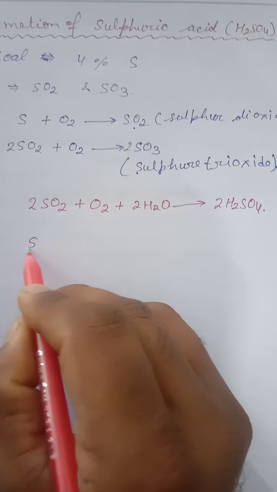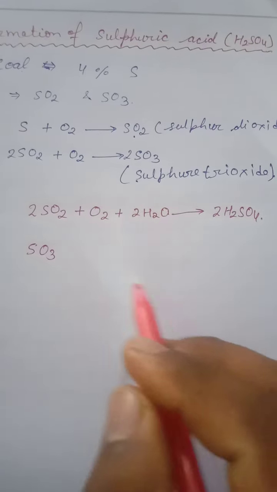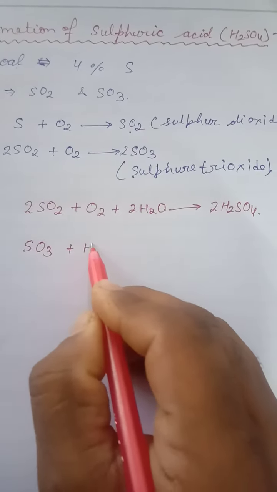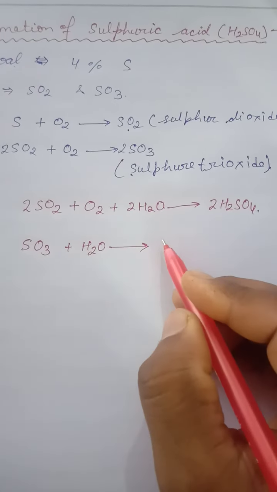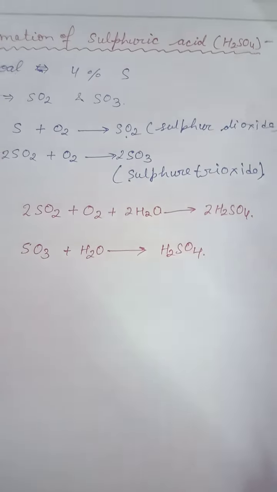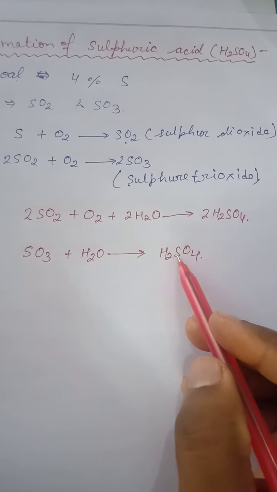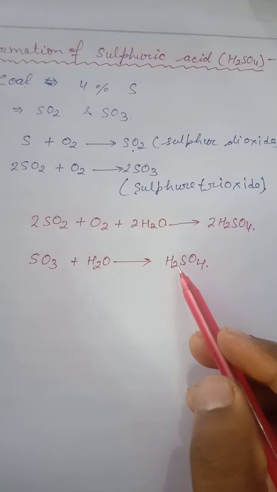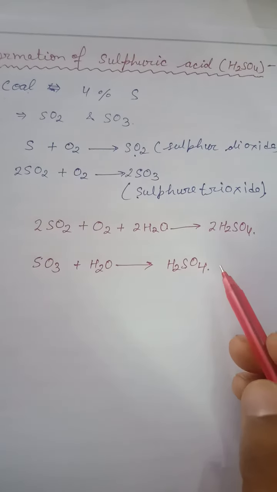But if sulfur trioxide, SO3, is present, then it will directly react with rainwater to convert into H2SO4. So both give sulfuric acid, and they are responsible for acid rain. This is clear, my dear.